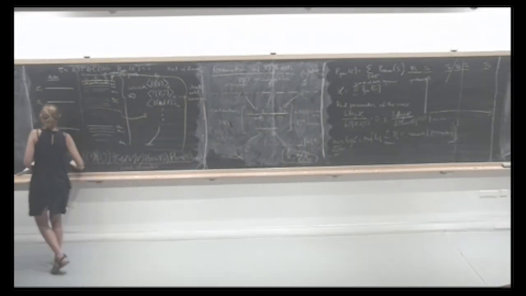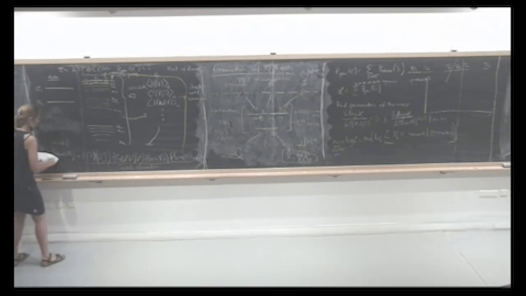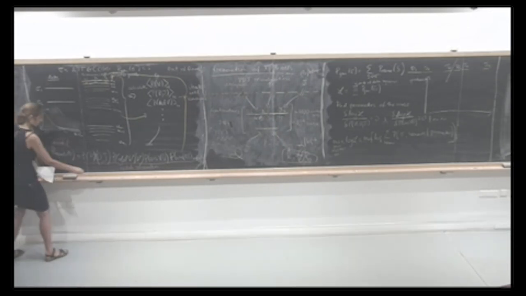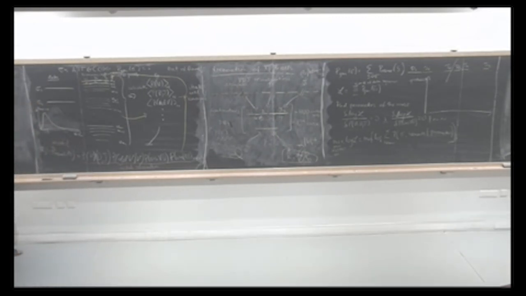Let me just do it here before I get to that. Just to give you an idea, the probability of insertions as a function of the number of insertions looks like this. This is about 20 here. This is for humans. This is what we get from the model, a parameter of our model.